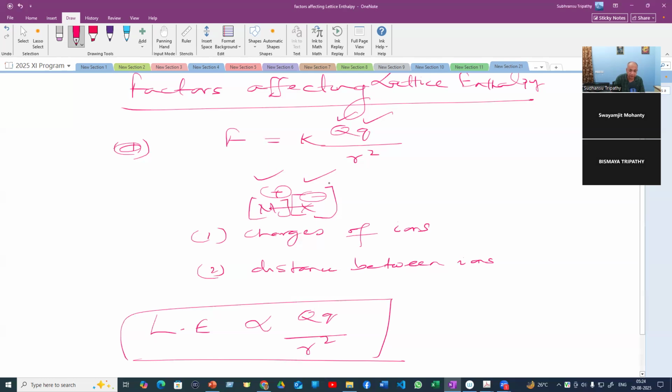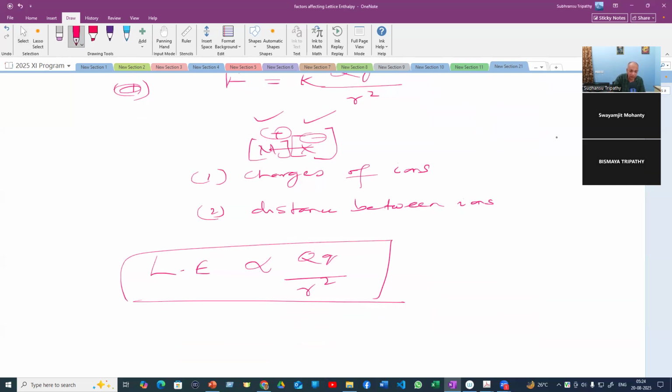That is why if you compare lithium chloride, sodium chloride, potassium chloride, rubidium chloride, cesium chloride, let us forget about francium. What you will find is that since chloride is the same, all are ionic. We forget to give the charges.